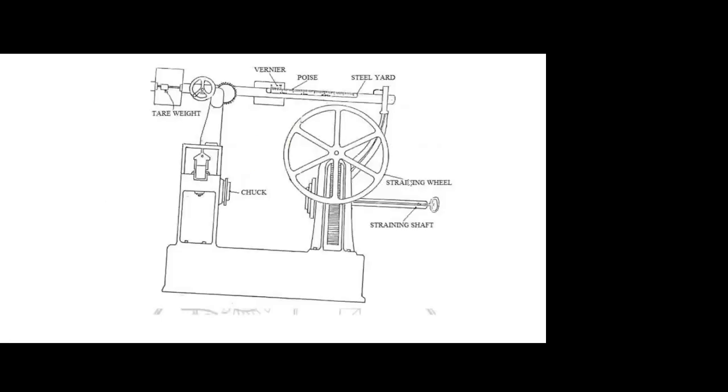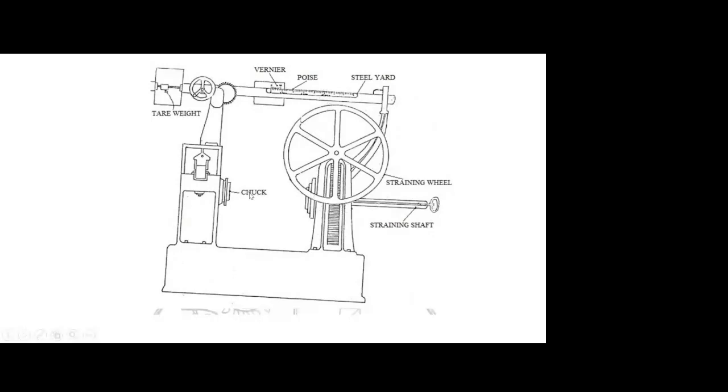Now, this is a sketch of the machine that we are using for finding out the modulus of rigidity by applying direct torsion. We can see the different parts. This is the base of the machine in which it is fitted. See here one chuck. Chuck means this is a portion into which the specimen is fixed.